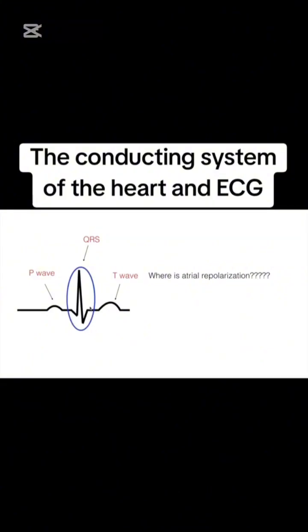As you can see, the QRS complex is a tall structure. Because ventricles tend to contract stronger than the atria, they tend to mask the atrial repolarization. And so, that being said, atrial repolarization and relaxation takes place after the P wave, which can be found within the QRS complex.